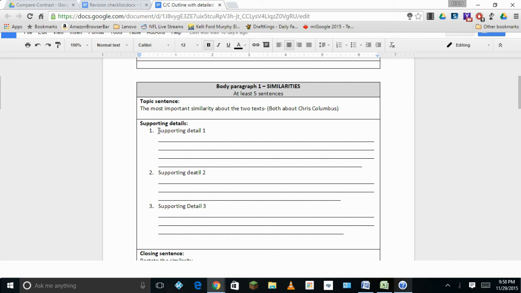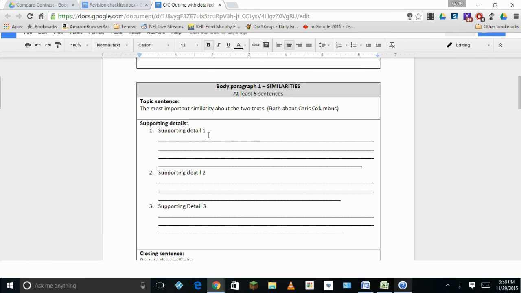And then in order to really support the similarity, I need 3 supporting details from the texts that would include both texts. So a supporting detail, for example, that they're both about Christopher Columbus is that both texts show the 3 ships that he and his crew came over on. So you would have to state, from both sources, where that came from.